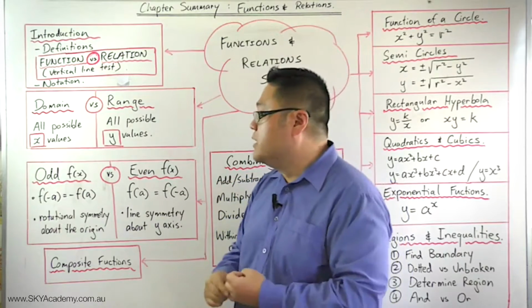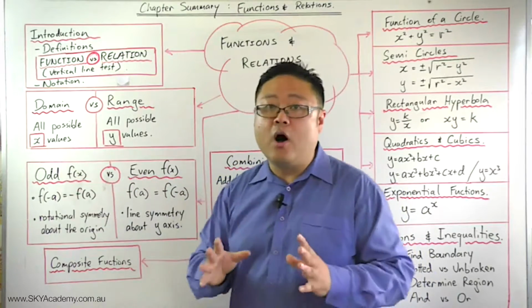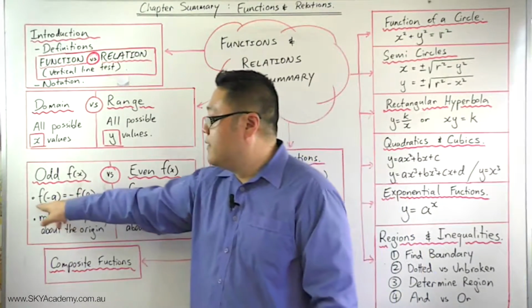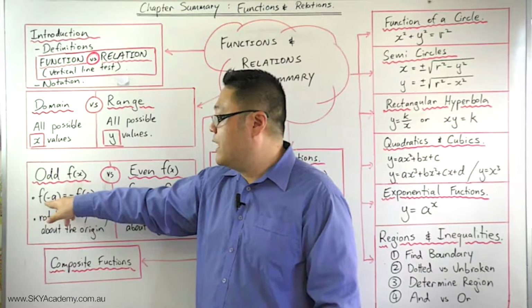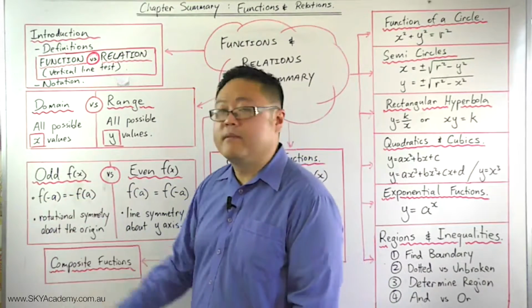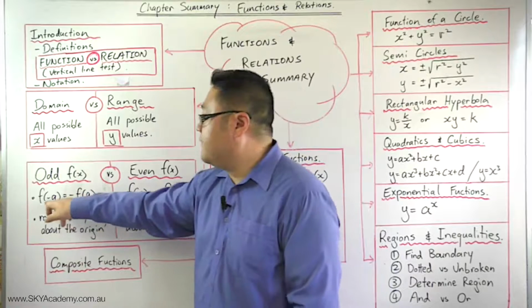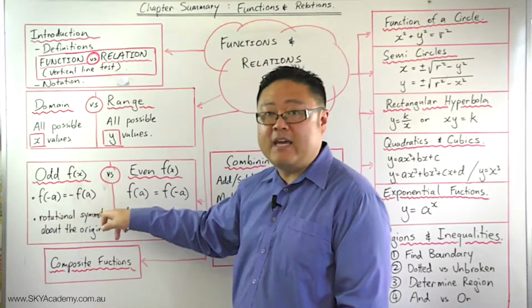Algebraically speaking, a function will be odd if f of minus a is equal to minus f of a.